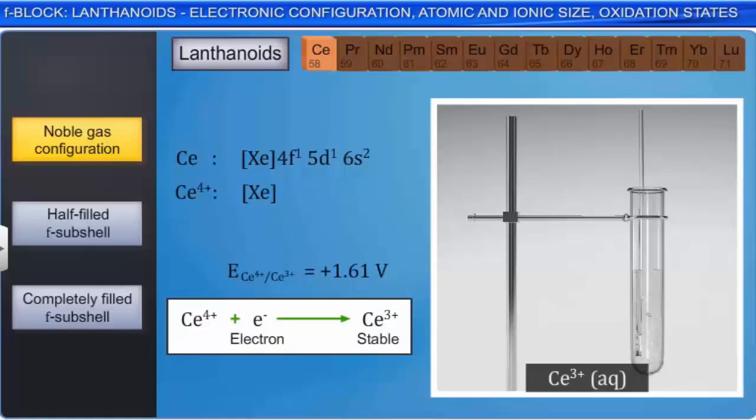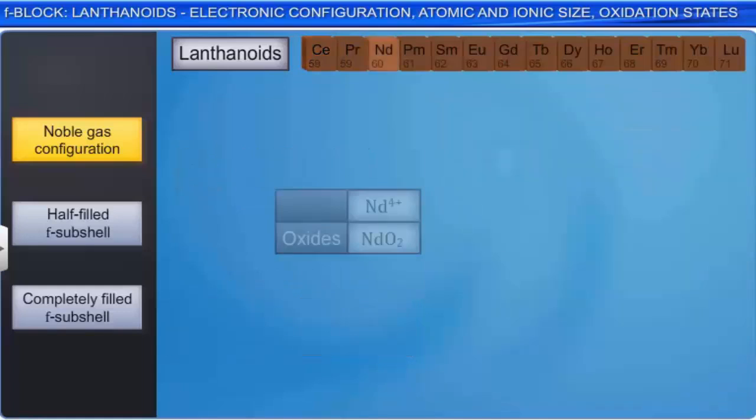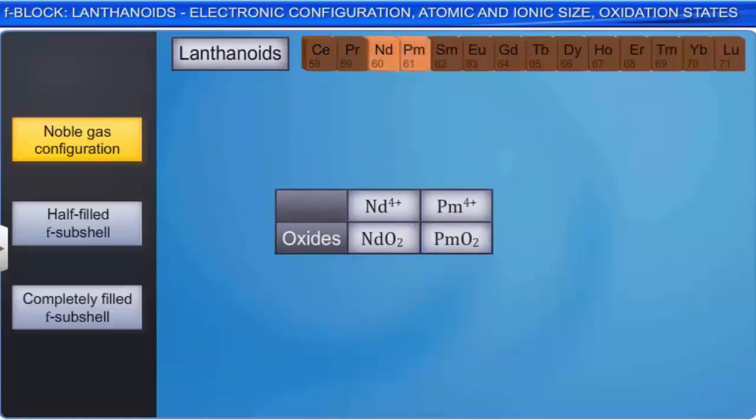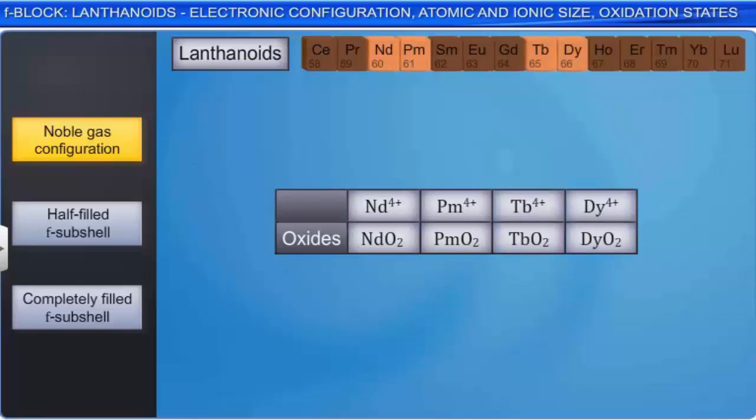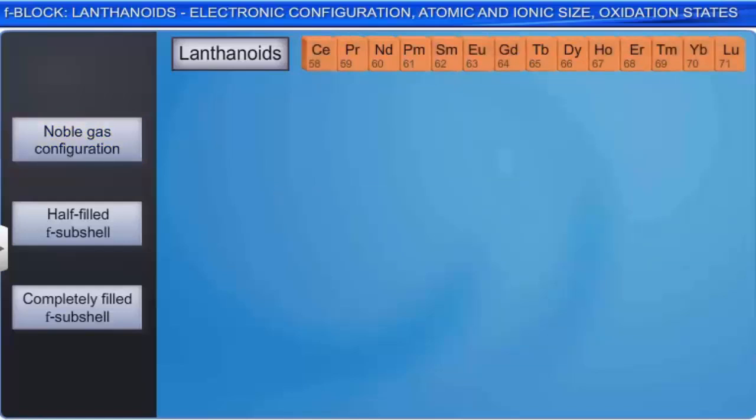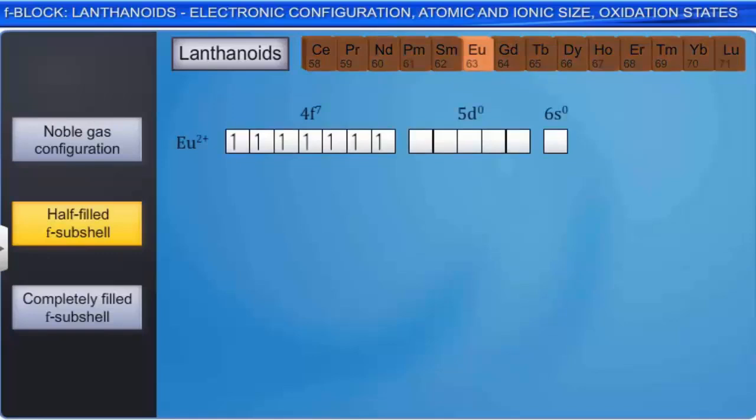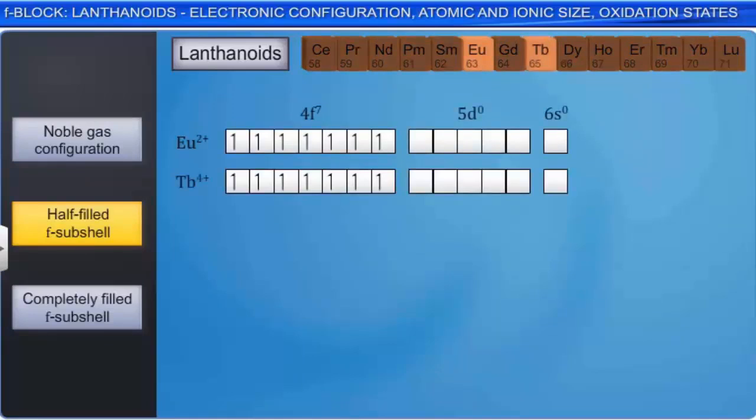The best examples of the second case are europium 2+ and terbium 4+. However, europium 2+, being a strong reducing agent, changes to the +3 oxidation state. Samarium, like europium, also exhibits both +2 and +3 oxidation states.